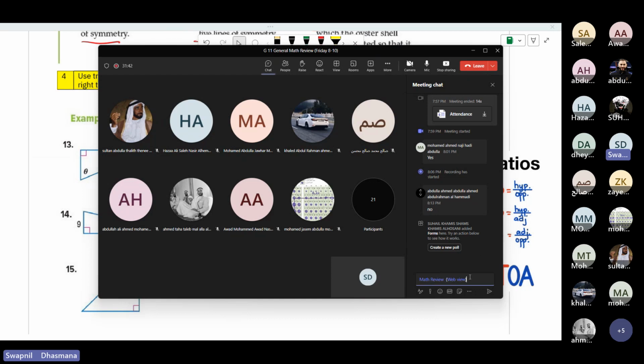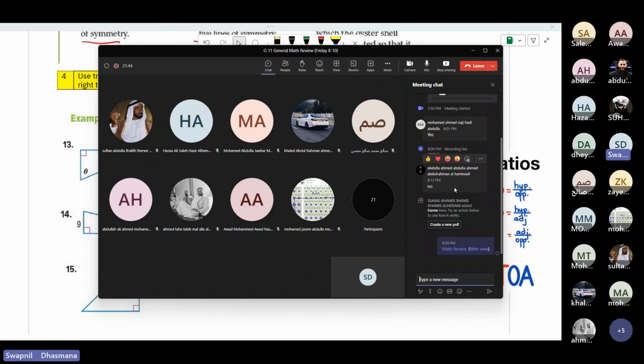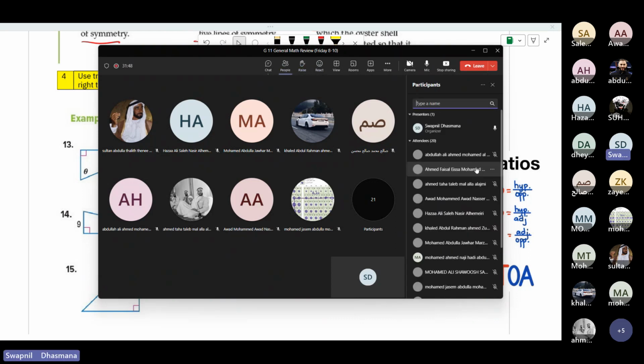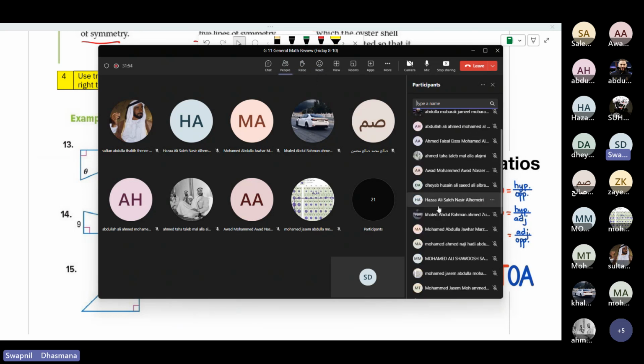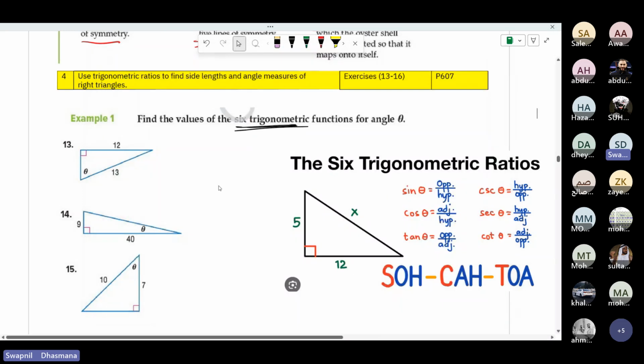So here we have 6 trigonometric ratios. I have given you a link on Microsoft Teams. If you click on that, you will be on this file, but you don't need it right now because I'm sharing my screen. So 6 trigonometric ratios, you need to find values.